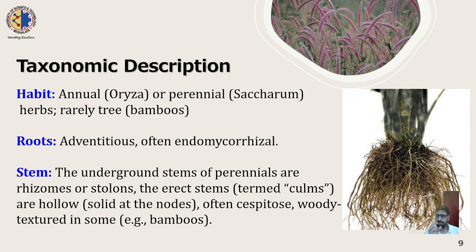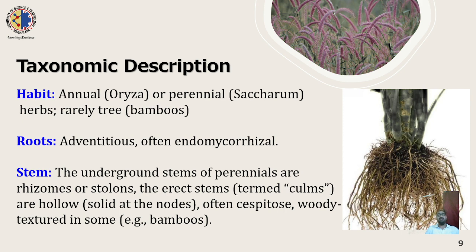It is of very short duration. After that, fibrous roots are developed from these species, and these roots often have an endomycorrhizal association. Here in the picture you will see the fibrous roots of this Poaceae species.